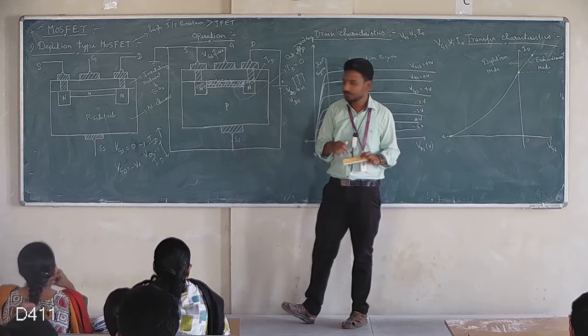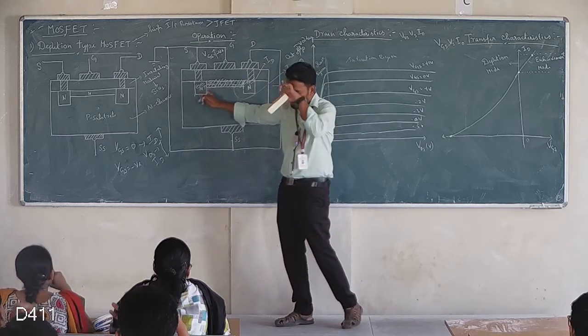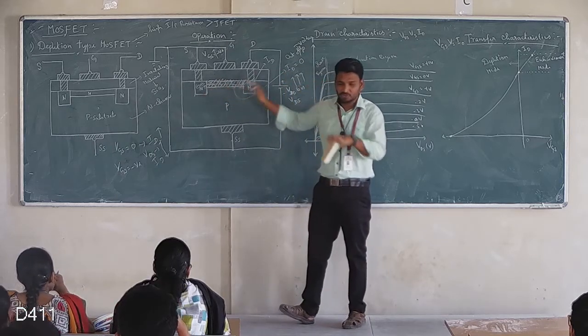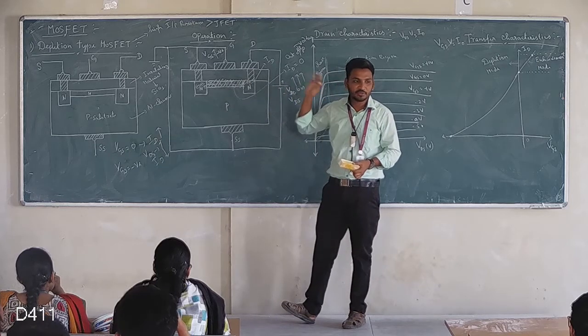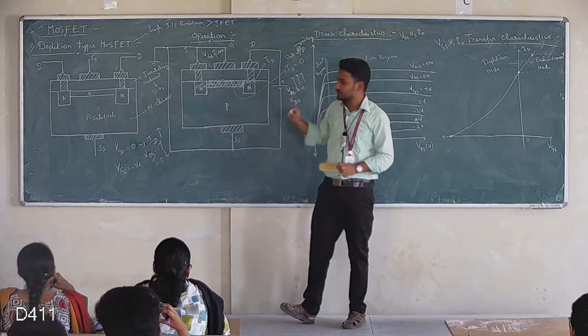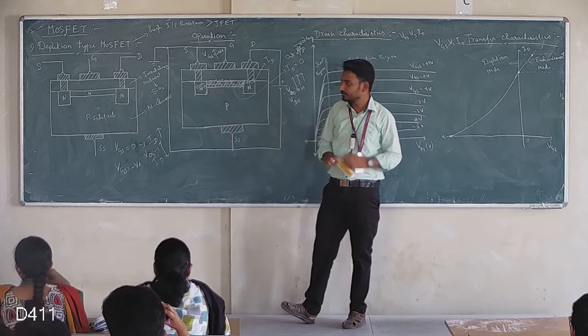N type of electrons enormously cross the source to drain. It will cause enormous amount of drain current.